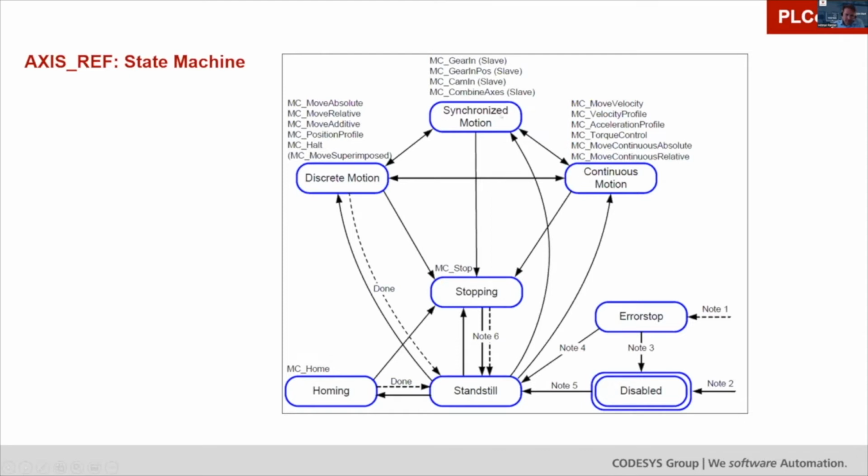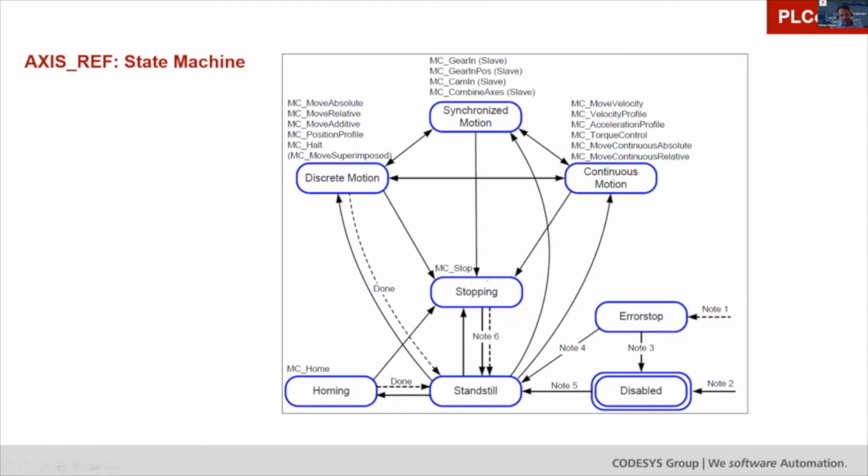This indicates that this axis is bound to a master axis that controls the movement somehow. In the case of the gear in function block, the master turns with a certain speed and the slave follows exactly this speed, synchronizing its speed to the master speed. This is synchronized motion.